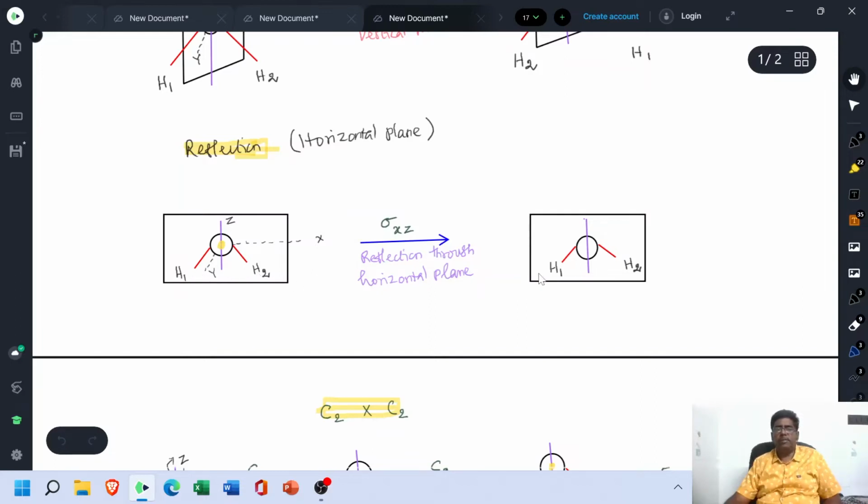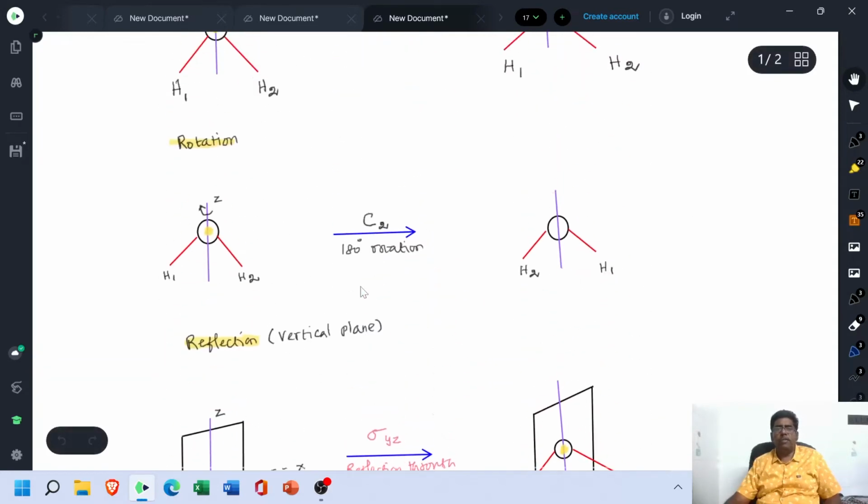These two hydrogen atoms are present as such. However, the phase of the oxygen is changed. Here we are seeing the front face. After completion of the operation, we are seeing the back face. Anyway, after completion of this reflection through the horizontal plane, that is the XZ plane, we get the actual structure of the water molecule. This horizontal plane is also called the molecular plane.